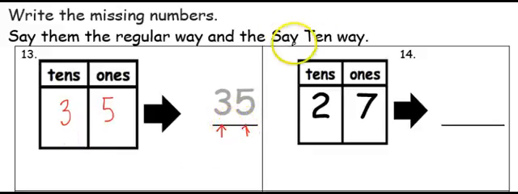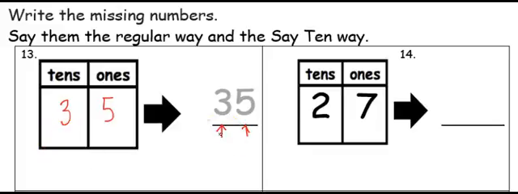The say ten way means I would say how many tens I have and how many ones. So instead of saying 35, I would say 3 tens, 5. That's the say ten way. 3 tens, 5. The purpose of the say ten way is to emphasize the fact that that 3 does not represent 3 ones, it represents 3 tens.